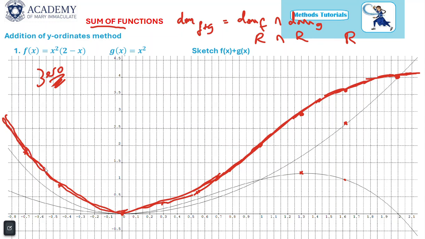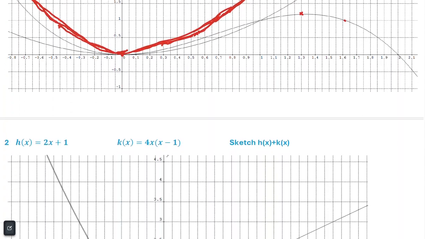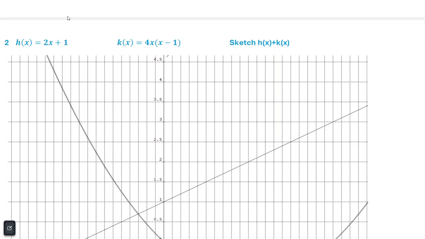I can't draw nicely with the tablet, but roughly that's the graph of f of x plus g of x in the first instance. Looking at the second example, we're adding together this linear to this quadratic.